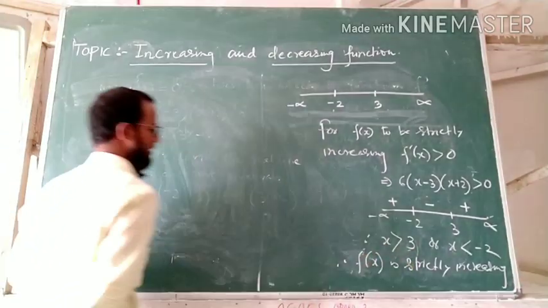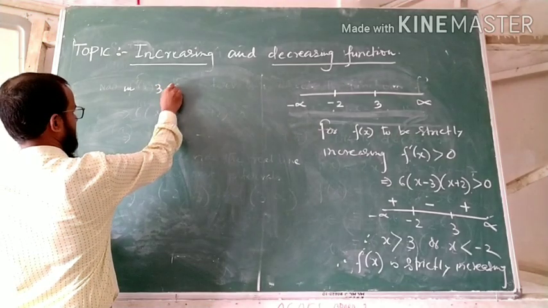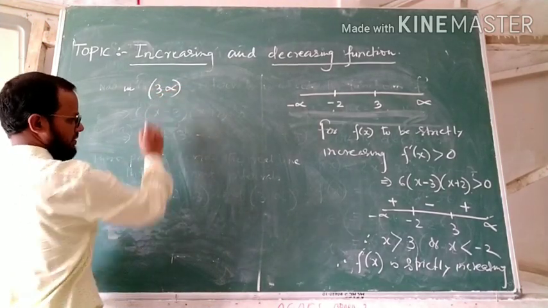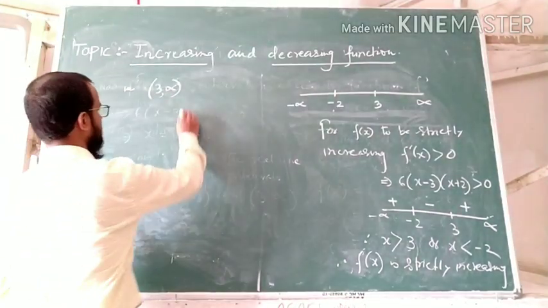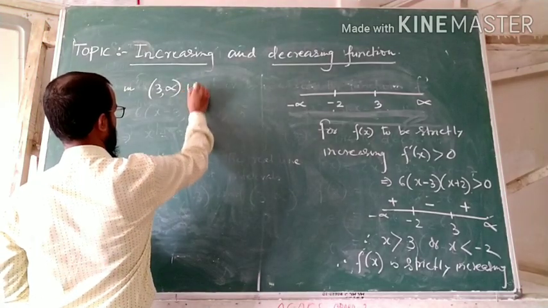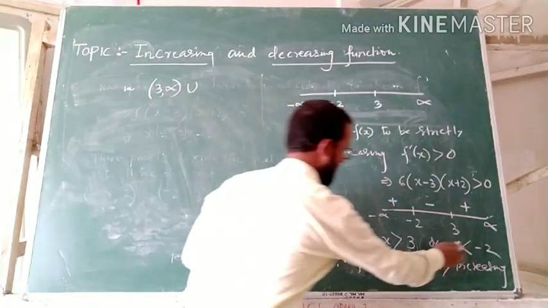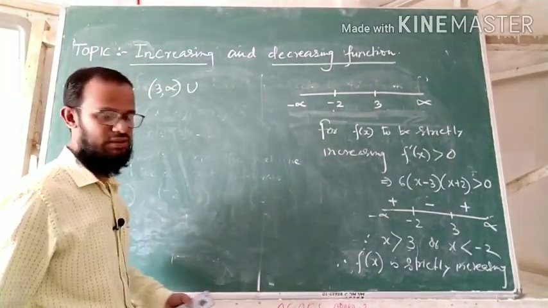In what? This x greater than 3 means what? In 3 to infinity, or, union. Or means what? Union. x less than minus 2. x less than minus 2 means what? Starting from minus 2 going to minus infinity.